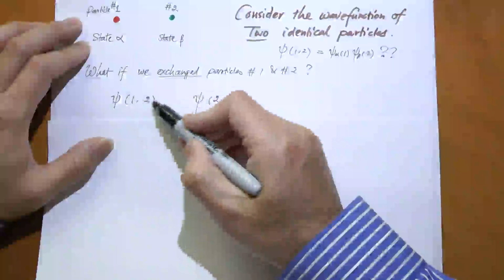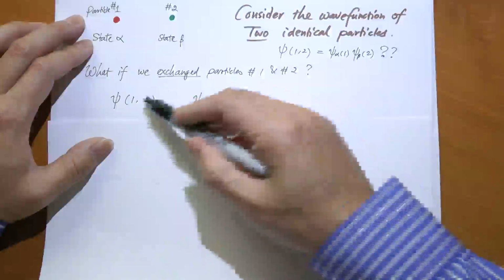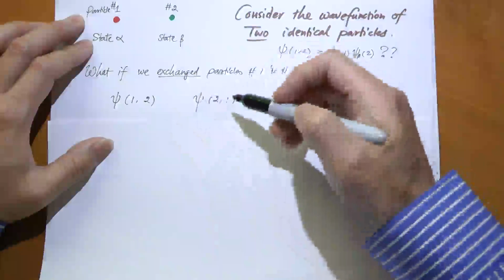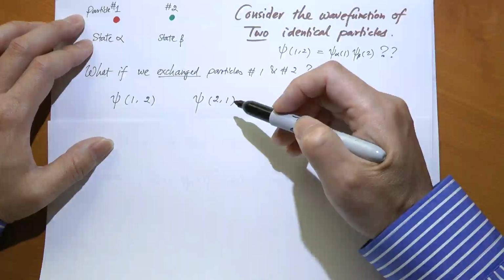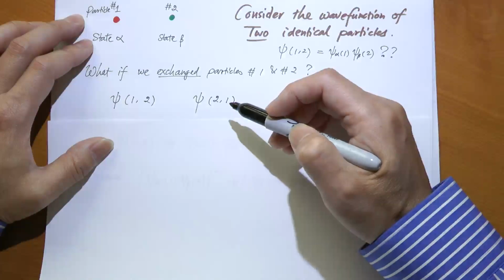Therefore, the two wave functions psi12 and psi21, which only differ by the exchange of particles 1 and 2, can differ as long as that difference makes no change in my observation.